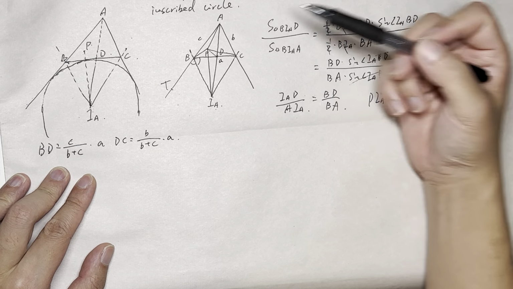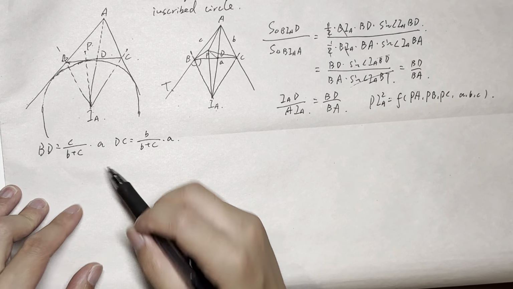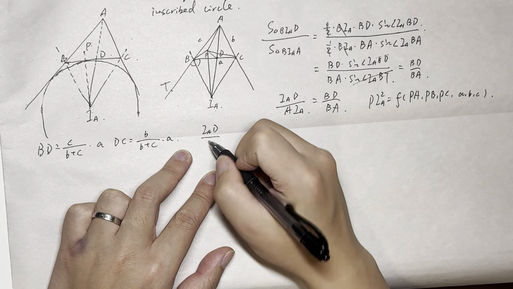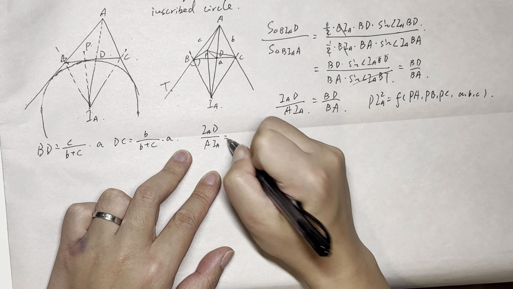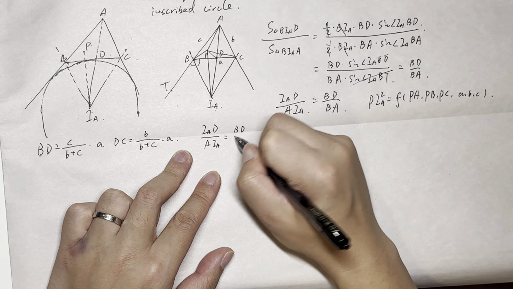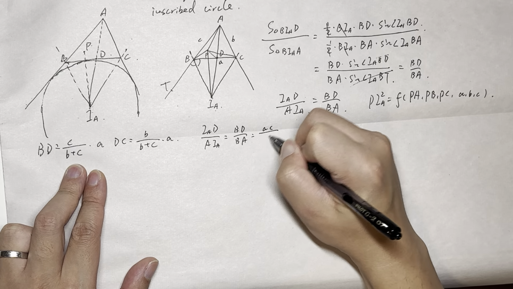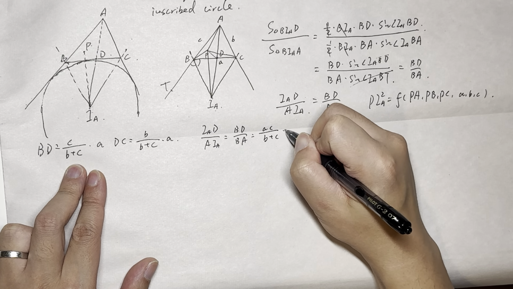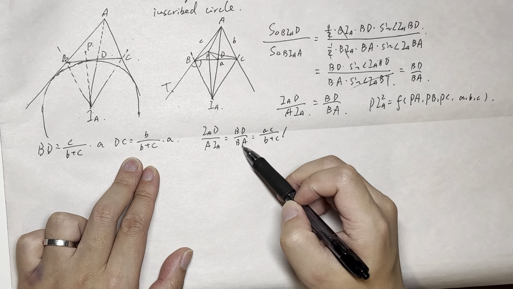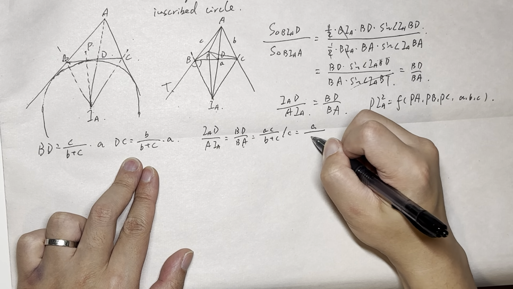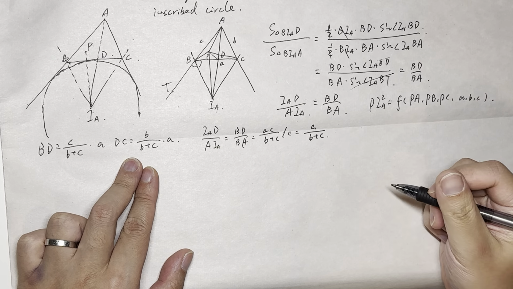And then we get here IAD to AIA equals BD to BA, and here BD is AC to B plus C, divided by BA, which is C. So it equals A to B plus C, right?